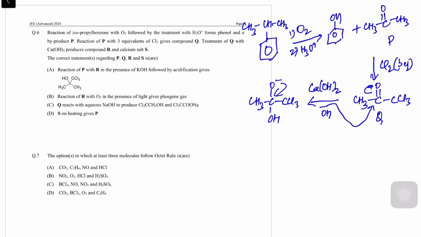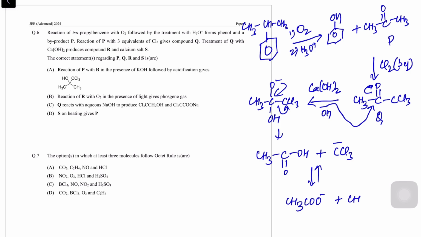When this shifts back, CCl3 minus departs, being a good leaving group. So now we have CH3COOH and CCl3 minus. Now because CCl3 minus is a stronger conjugate base compared to carboxylate, there is a proton transfer here and we get CH3COO minus and chloroform.